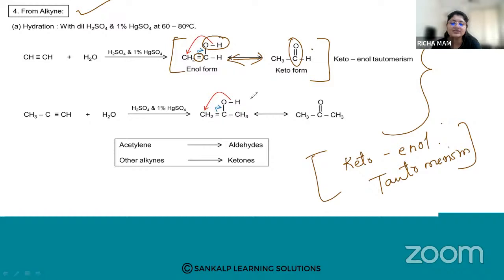Then we have discussed dehydrogenation of alcohols by using copper, by heating the copper at 573 Kelvin. And this is the last one that we will see in tomorrow's class. So these are four important preparations in which we can prepare both aldehydes as well as ketones.